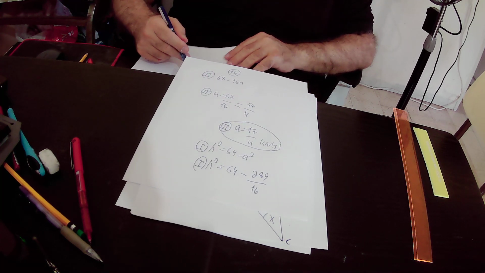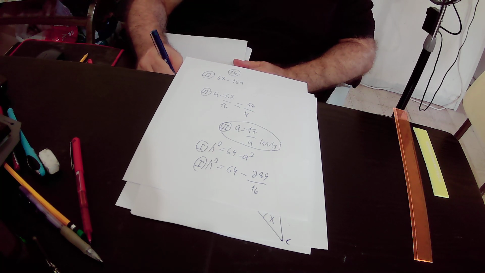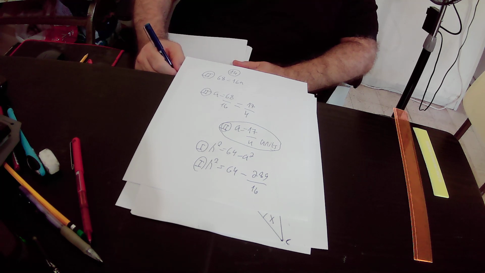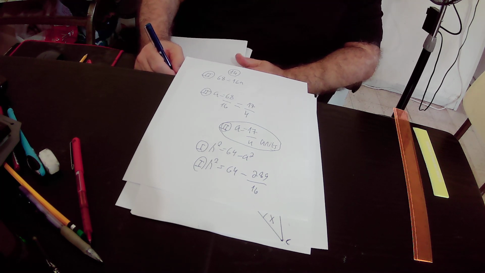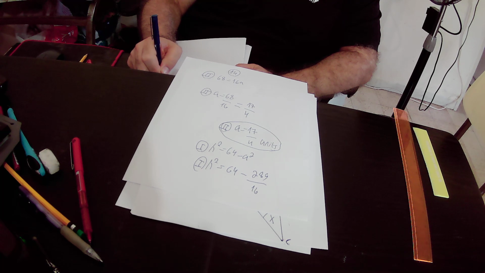Okay, so we will get that h squared equals 64 times 16, which is 1024, over 16, minus 289.